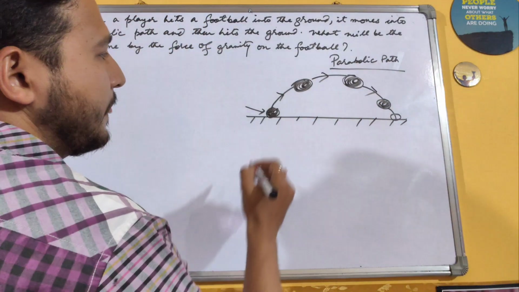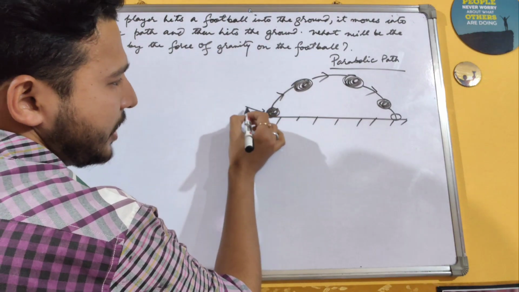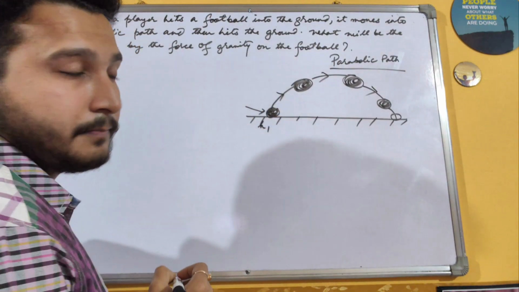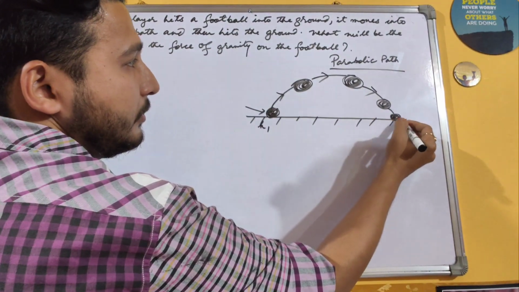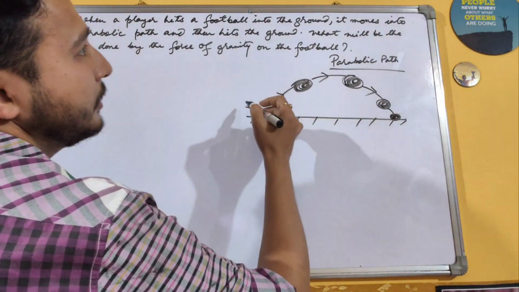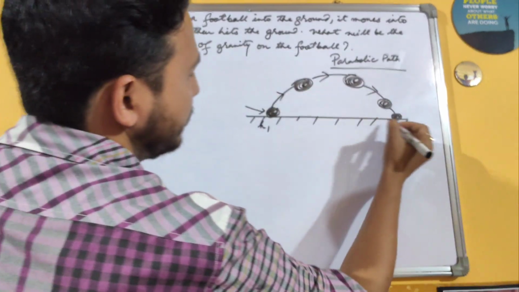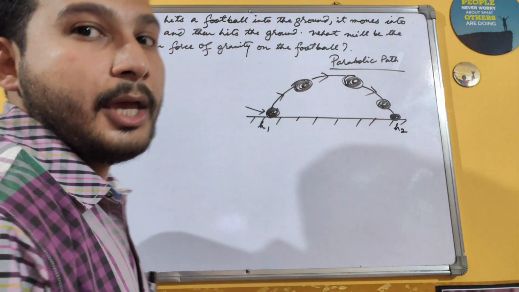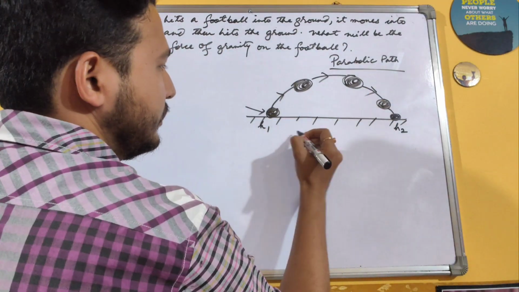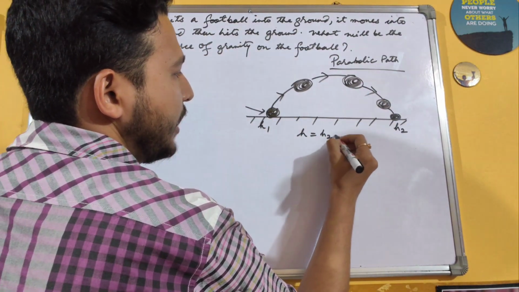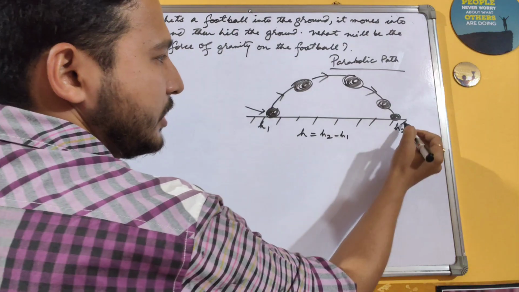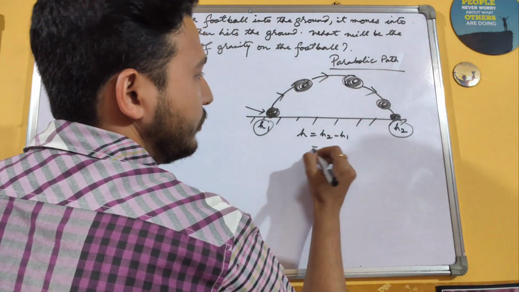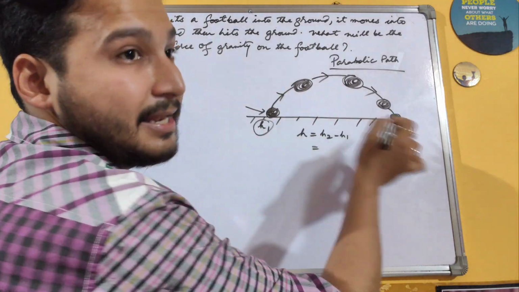Like this path, we call this a parabolic path. What happens here, when we start kicking, here is the initial position h1, and when it got hit by the player, it moves onto the ground and the final position is h2. So how can we say about the difference in heights? h will be h2 minus h1, which is final position h2 minus initial position h1. Both are same because both are at the same level.